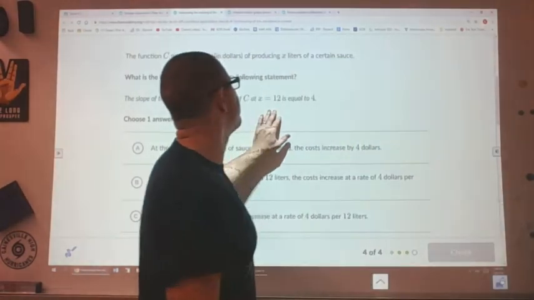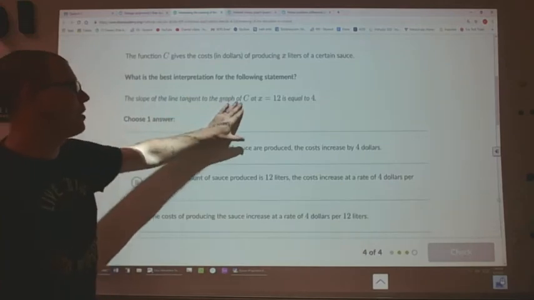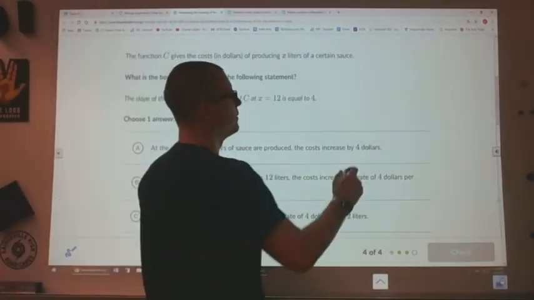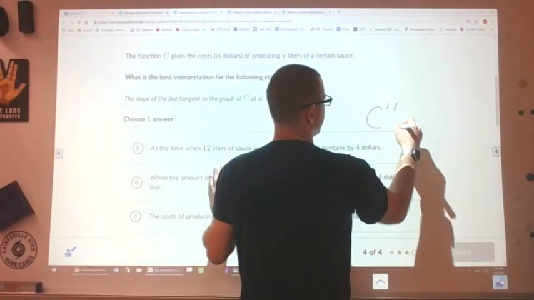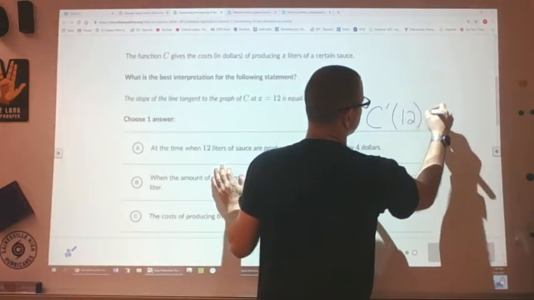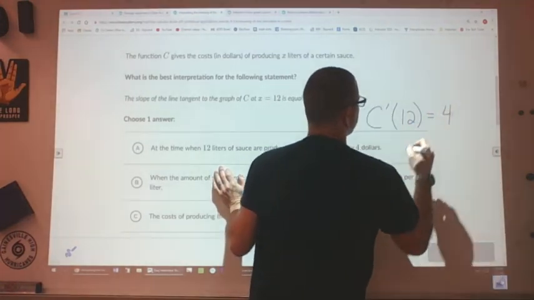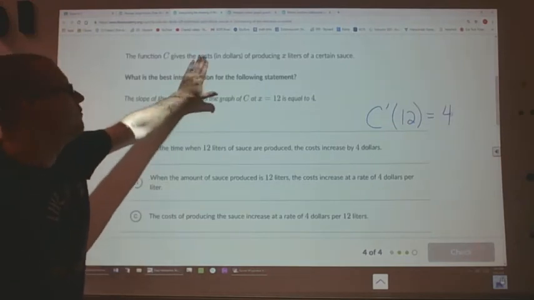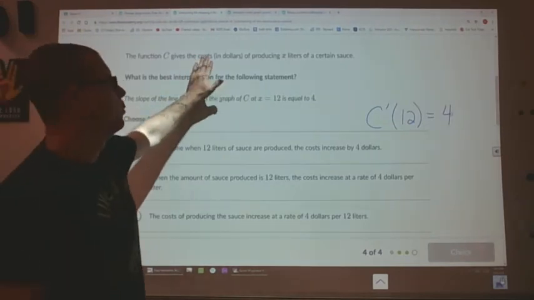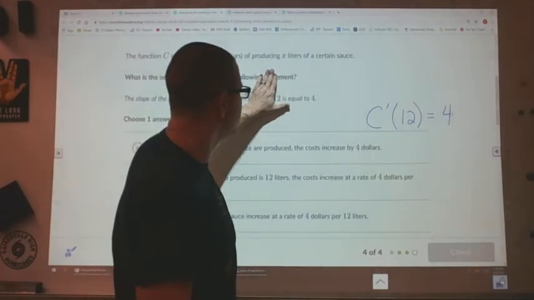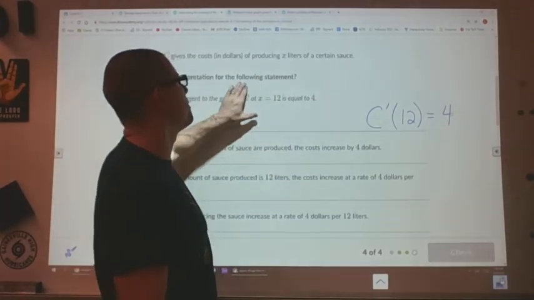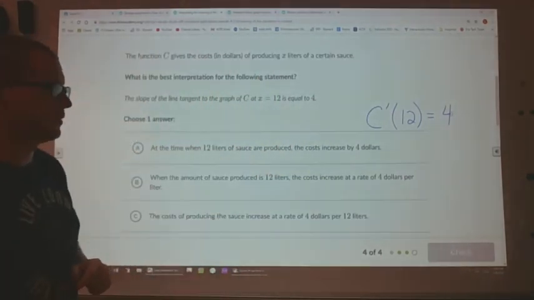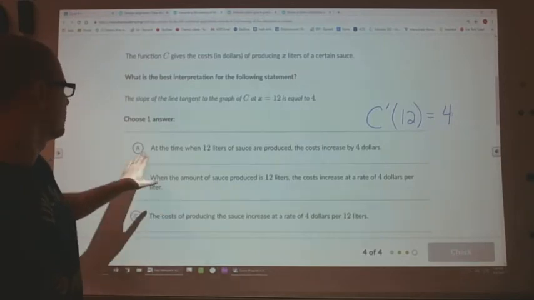That's a really roundabout way of telling us that c prime at 12 is 4. So the rate of change of the cost when producing 12 liters of sauce is equal to $4 per liter.